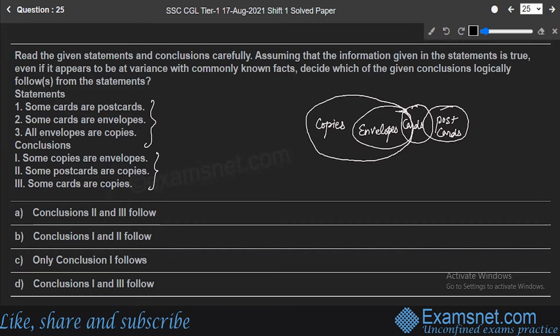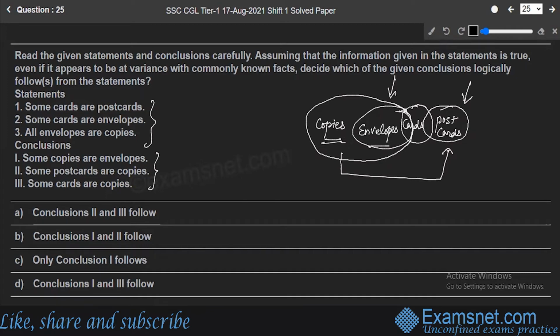So first one says some copies are envelopes. Yes, that's true. Some copies are envelopes. That's true. Okay. So these are some of the copies that are envelopes, right? Next, some postcards are copies. No, there is no relationship directly between, see, copies are this entity, copies and postcards are this entity, so they don't have anything in common.